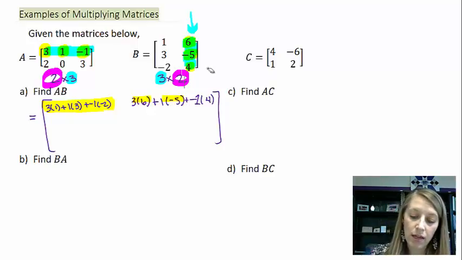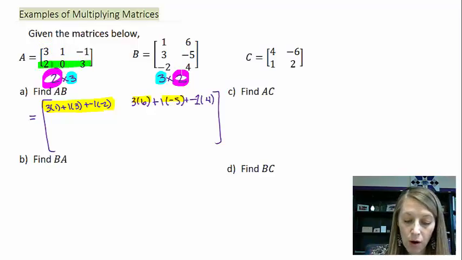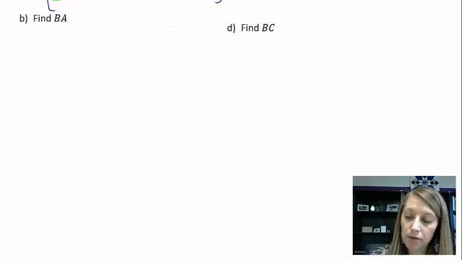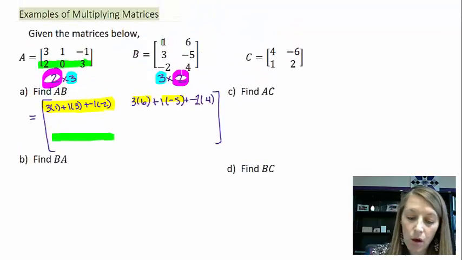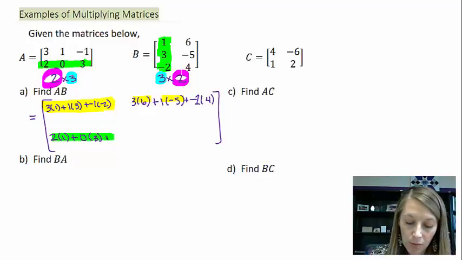Okay, now let's move on to my next. So I'm going to move down a row here. So I move down a row here, and I'm going to partner that up with this column right here. So I have 2 times 1 plus 0 times 3 plus 3 times negative 2.